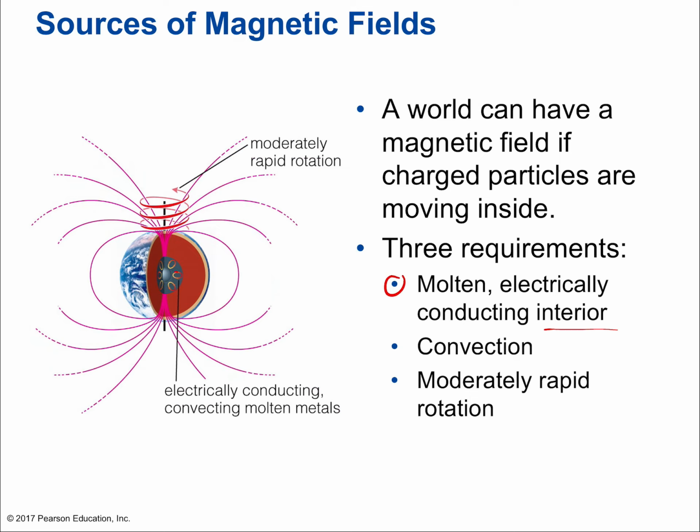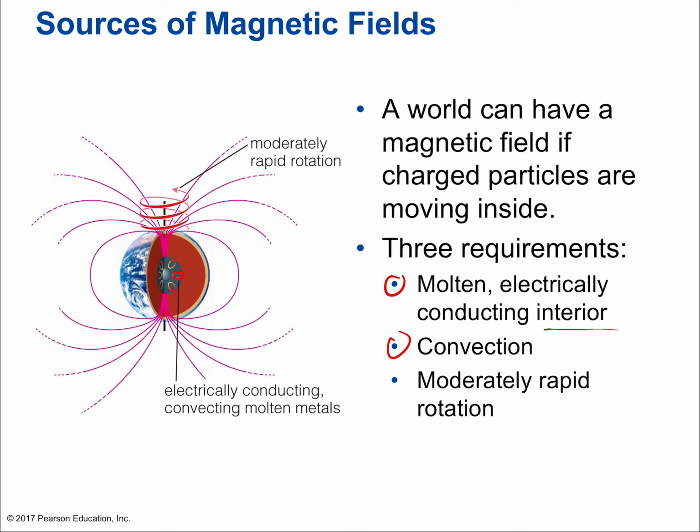In this case, this would be the convection cells in the liquid outer core of our planet. Furthermore, you have to have convection, right? There has to be movement, because that convection, that rubbing together of the molten rock, creates all the free charge.